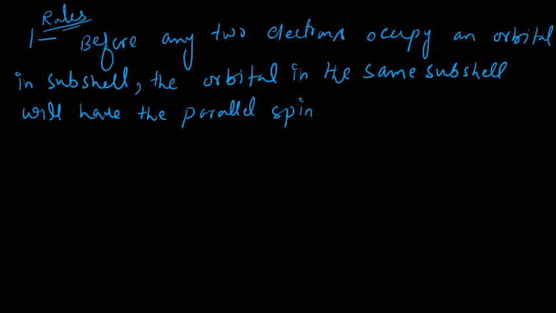It means that first, for example, there are three orbitals. The first electrons will be filled with parallel spin, and then the same orbitals will be filled with the opposite spin. So before any two electrons occupy an orbital in the subshell, the orbitals in the same subshell will have parallel spin, and then they will be filled doubly.